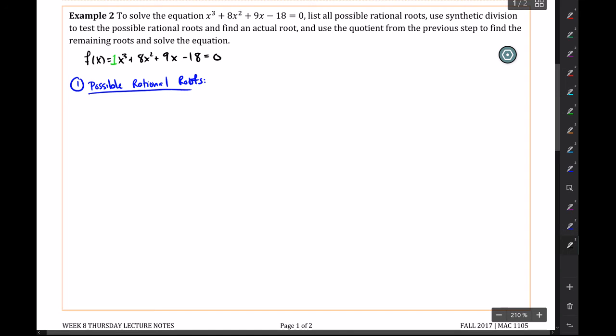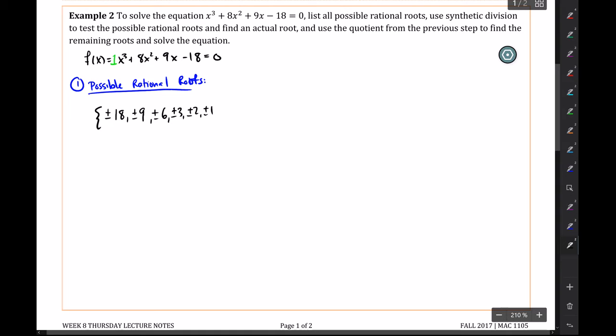We get plus or minus all the factors of 18. So that'd be 18 or 9 or 6 or 3 or 2 or 1.